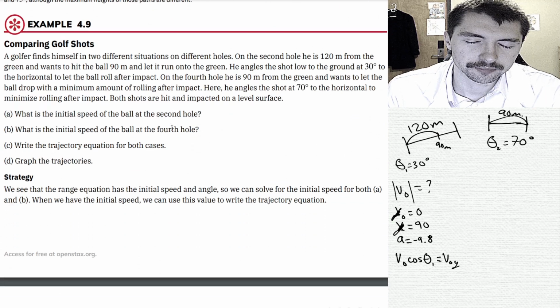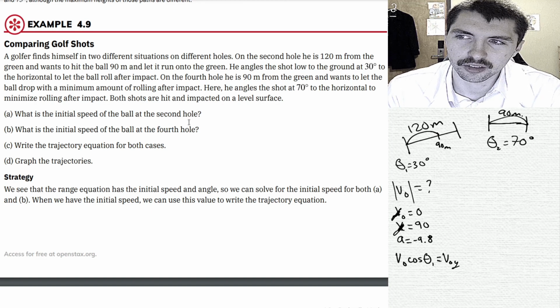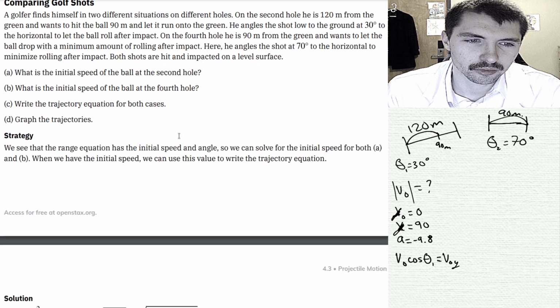Is there any other way we could find velocity? Velocity is distance times time. We don't know time though. So I'm going to give up and see what they do.